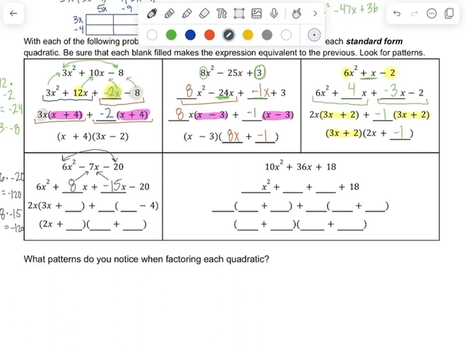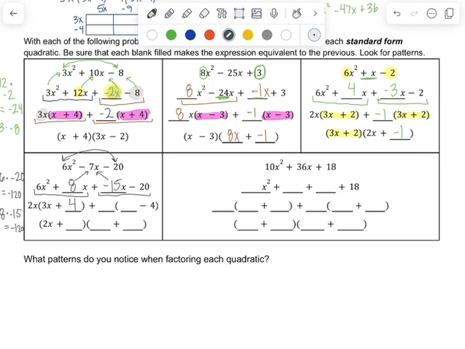So taking the first two, 6x squared plus 8x, 2x divided out of those gives you 3x plus 4. And then on my second terms, I have negative 15x minus 20.